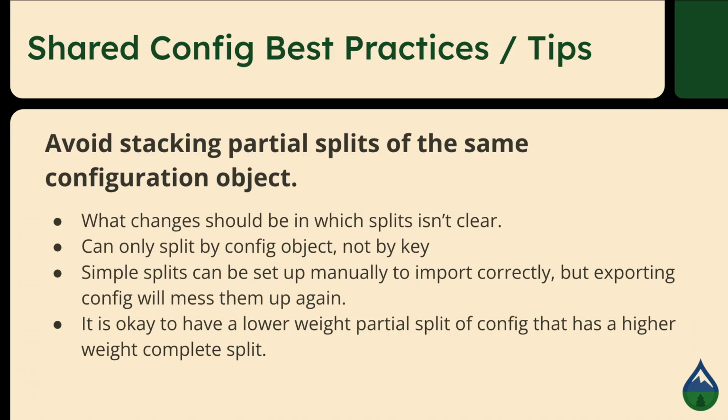This is just for if both splits are partially splitting the same configuration object. If a lower weight split splits something that a higher weight split has completely split, that works okay, because the completely split configuration gets added first, and then the split comes in and changes something that was just added. So that works okay. It only doesn't work if it's two partial splits.